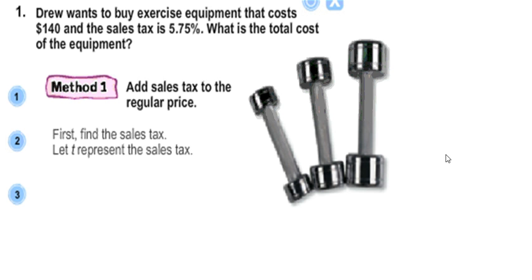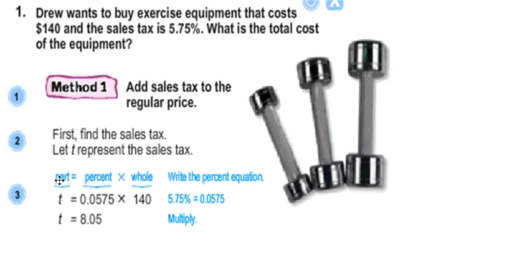So first, we find the sales tax, and we're going to let T represent the sales tax. So our part equals our percent times our whole. Our tax, we don't know what it is, so we're going to call it T. 5.75% is known as 0.0575. We're going to multiply that percentage times $140, and we're going to get $8.05.